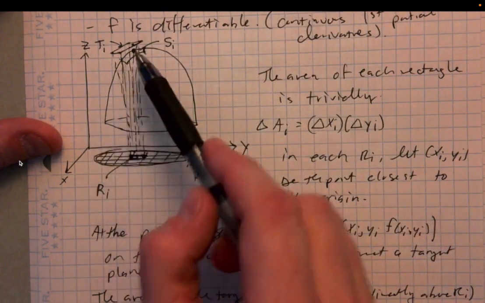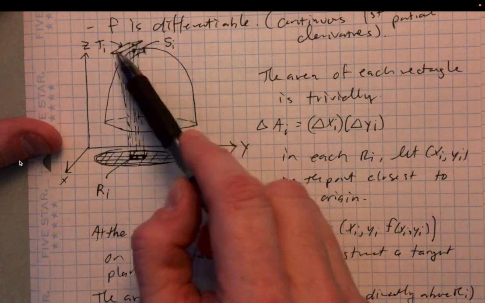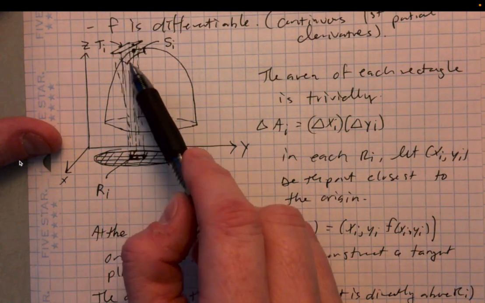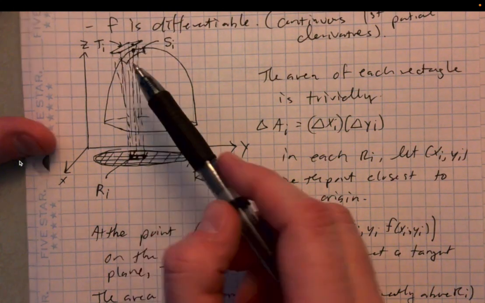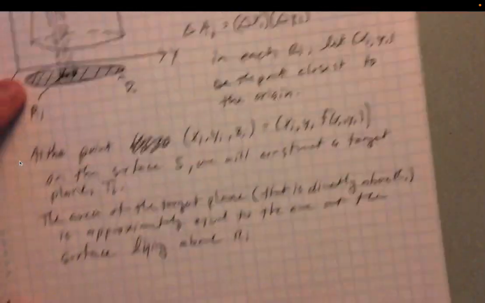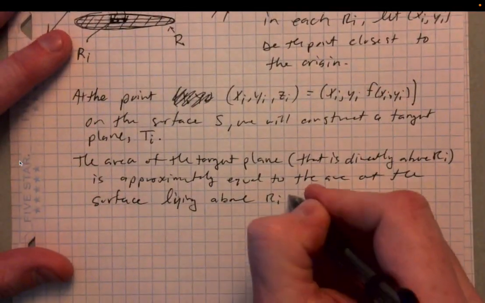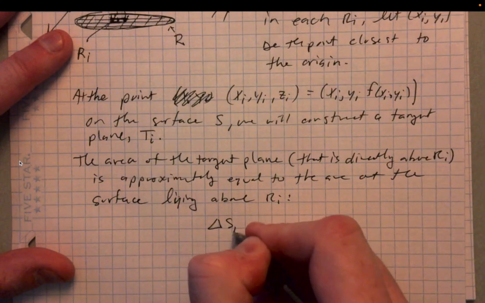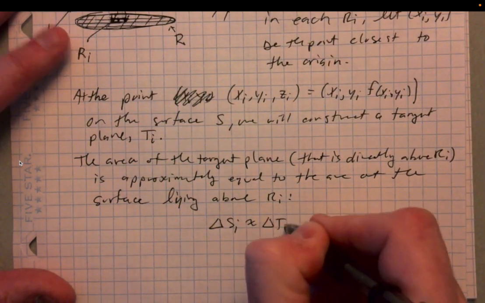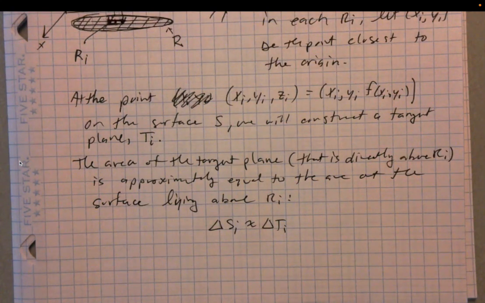If we do that, then the area of this regular old flat plane will be approximately equal to the area of the subregion Si on the surface. So what we're saying here is that delta Si is approximately delta Ti. All right, so these two pieces are about the same.